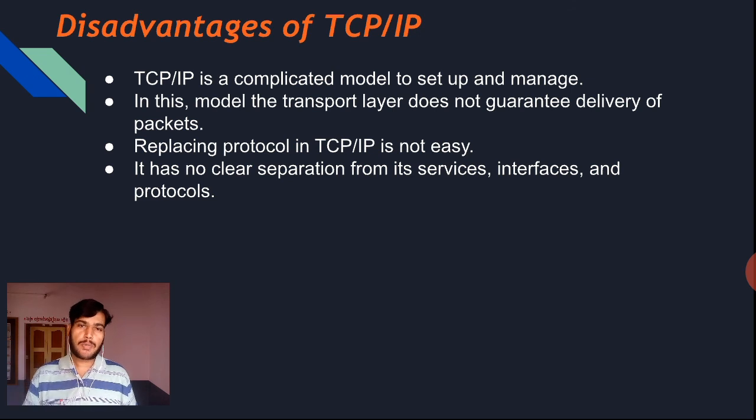In the OSI reference model, there is clear-cut layer functionality and each layer has its own protocol to follow. But here, those layers have been combined together, so there is no clear separation of services and interfaces. So these are the disadvantages of the TCP/IP model.